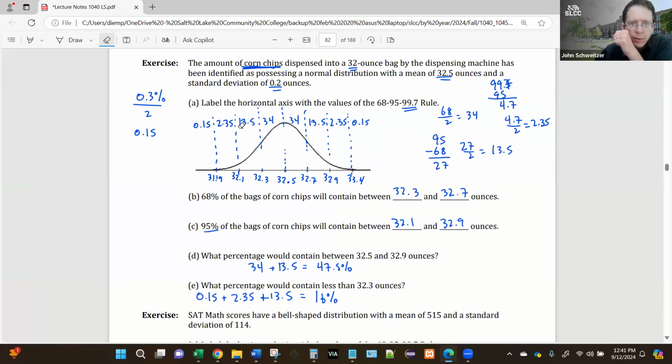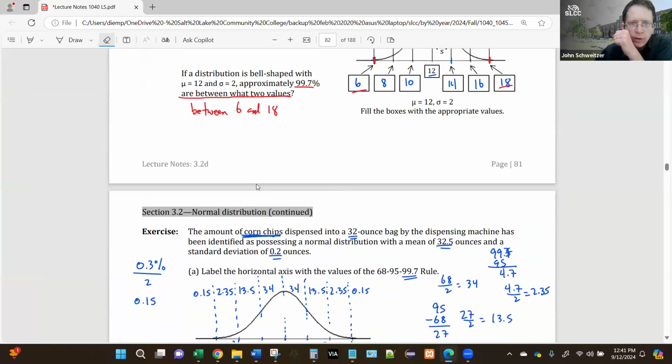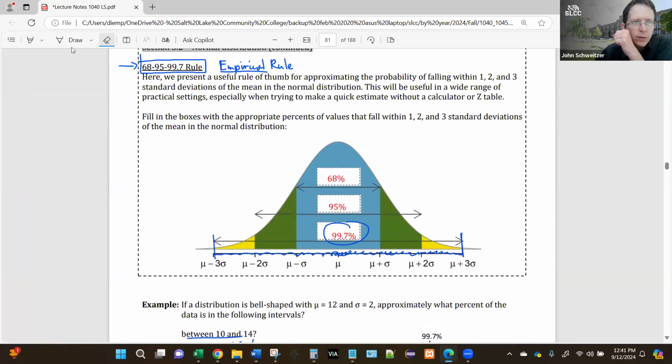Okay, so it was a fair amount of work to begin with, but now the work is done. We can just write those numbers down and they don't change. And next time we do these problems, it's much easier. So in your notes, what you might want to do is just write those numbers down real quick. This is 34%. This is 13.5%.